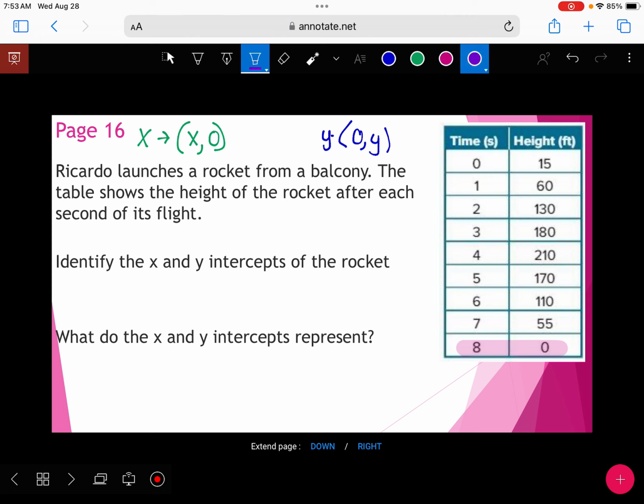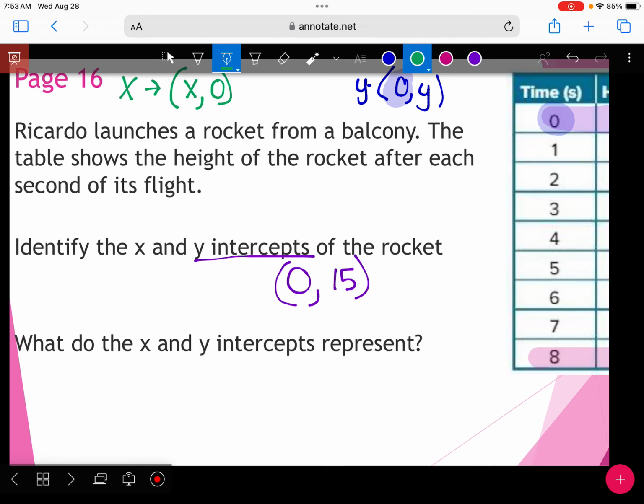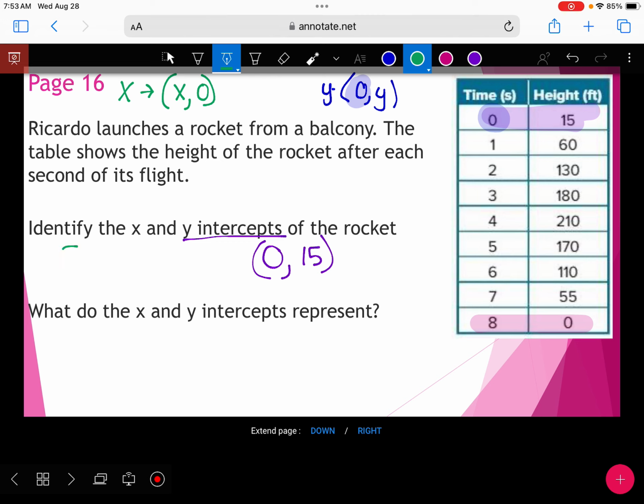And 0, 15 is going to be another one. If it helps you, write them up there like this because you're exactly right. The 0, 15 has the 0 in the x spot. So 0, 15 is my y-intercept. What's my x-intercept then? 8, 0, because I have a 0 in my y space.